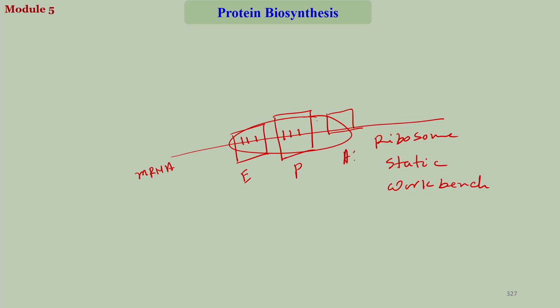This is called the A site, and all are occupied by the tRNAs. And we have seen how the new tRNA comes in, knocks this thing, and the reaction proceeds in this direction, how the reaction goes on. We have also shown how the peptide bond was forming by the reaction of the free amino acid with the bonded tRNA sequence.